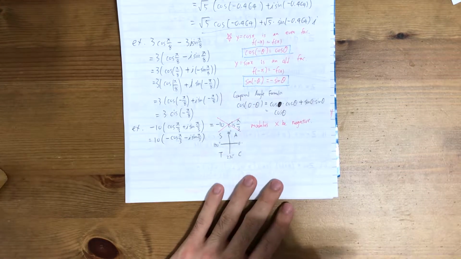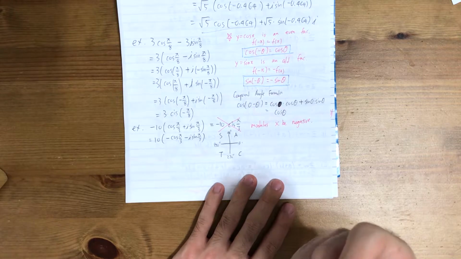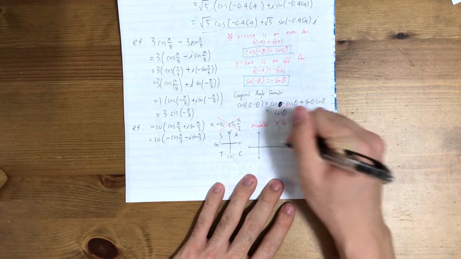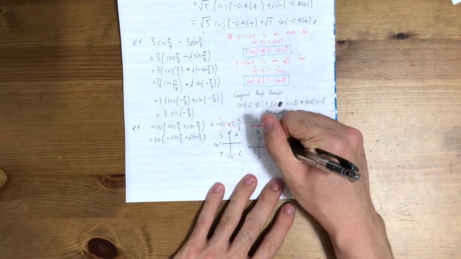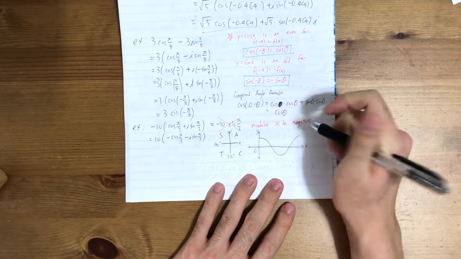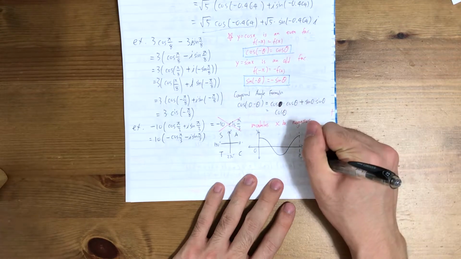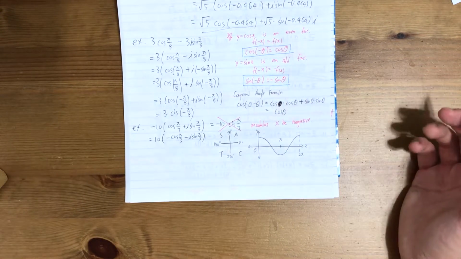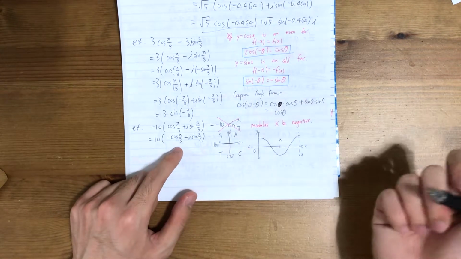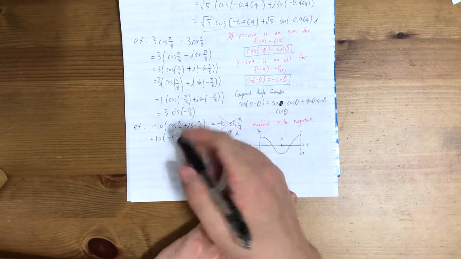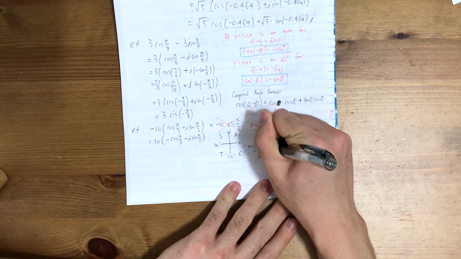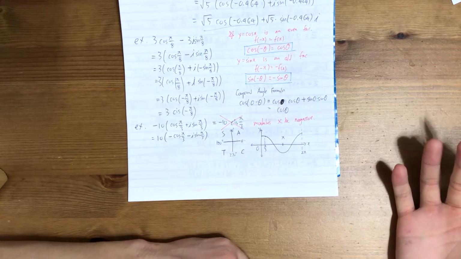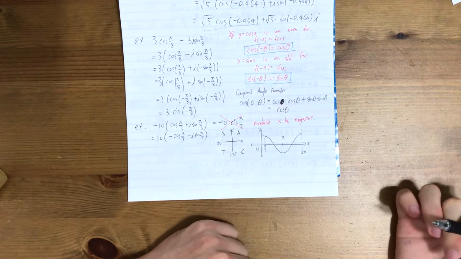So let's get some help from the graph. First, let's quickly sketch cosine. You don't have to spend too much effort on the sketch, because you just need a rough sketch to find the value of the angle. So pi over 3 is somewhere like this. Although pi over 3 is a special angle, so you should know what cosine pi over 3 is, right?